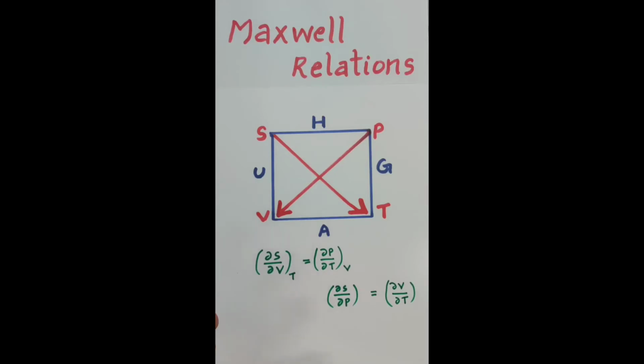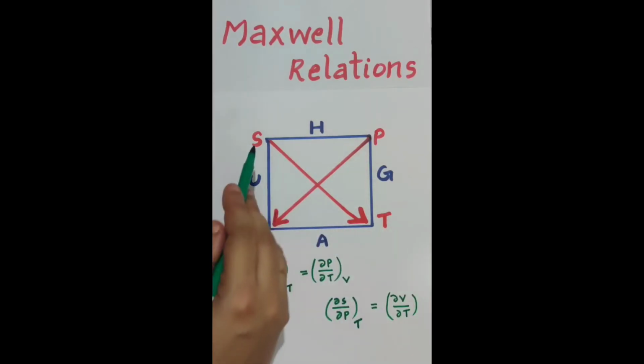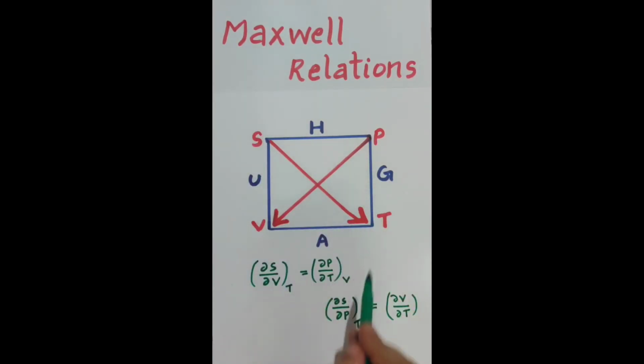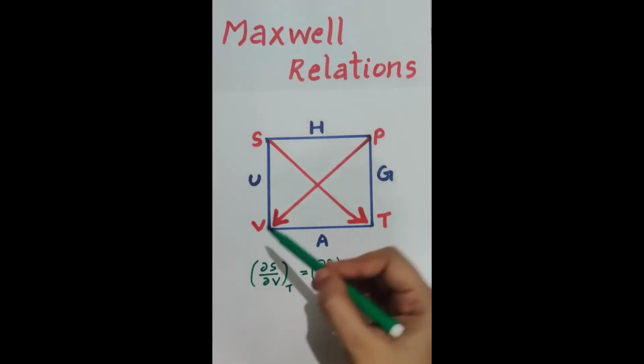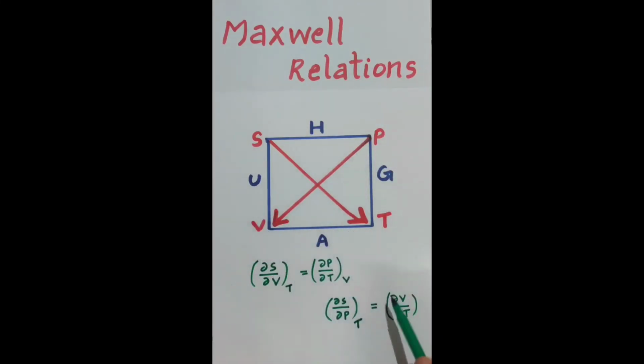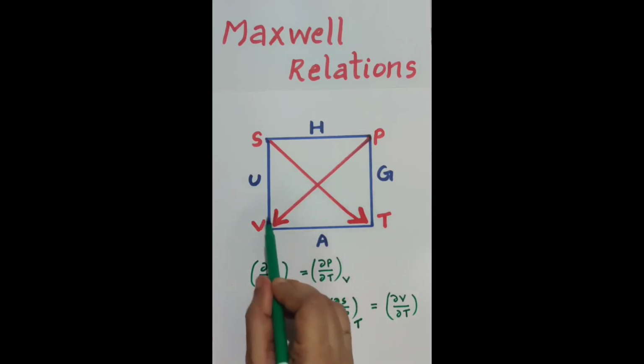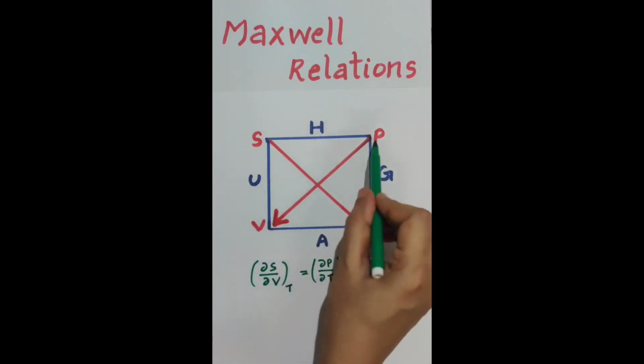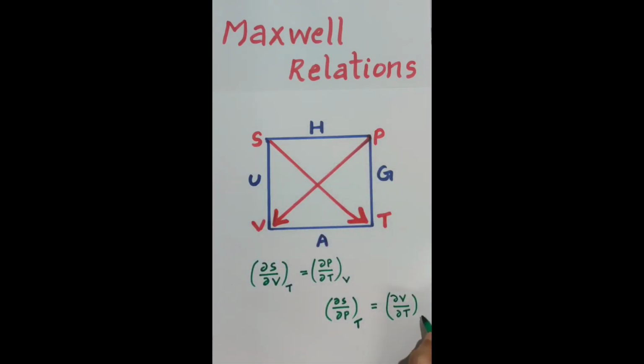The opposite of S is T, hence we write the constant term as T, and the opposite of V is P, hence we write the constant term as P.